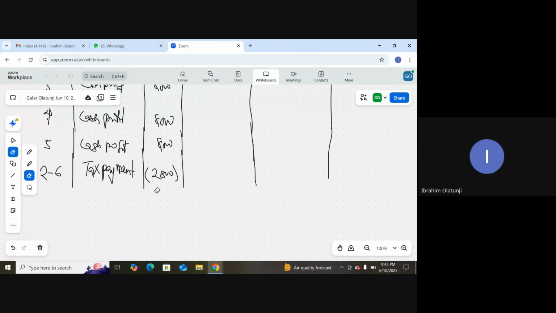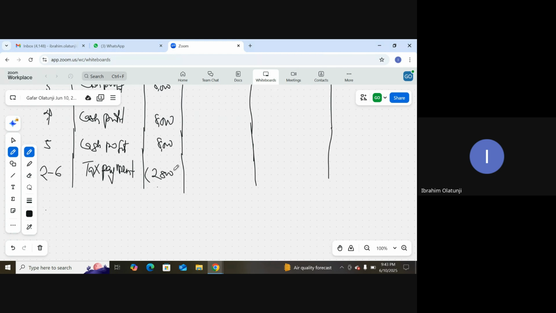So the 2 to 6 applies to just the tax alone, right? Yes. Are we not going to add all the 2,800 together from year 2 to 6? You don't need to add because it's still the same thing. I've already said it is 2 to 6 years.